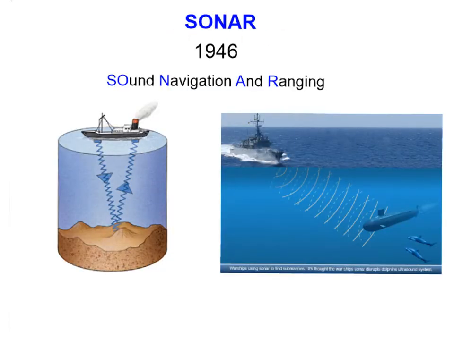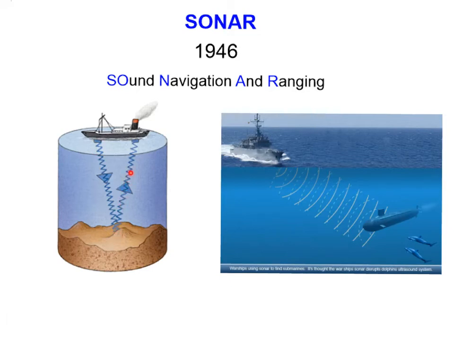Sonar is another way that sound can be used to locate objects. It is a system that uses the reflection of underwater sound waves to detect objects. First, a sound pulse is emitted toward the bottom of the ocean. The sound travels through the water and is reflected when it hits something solid.